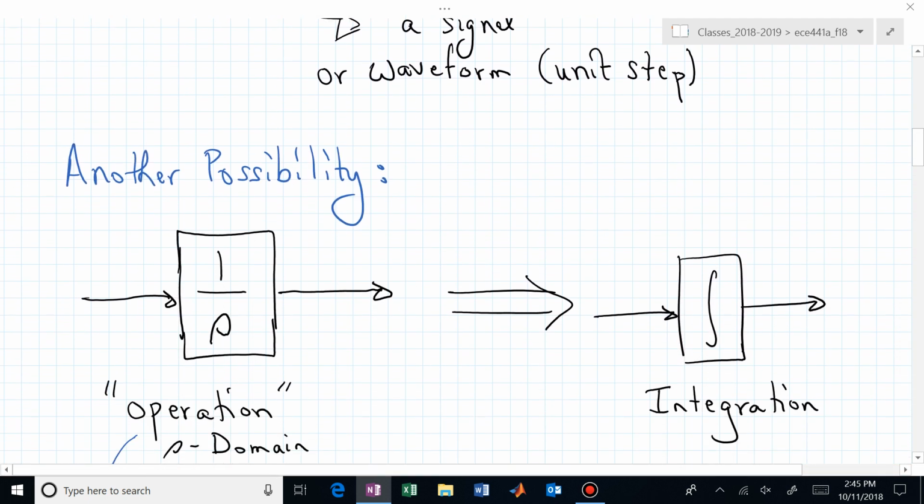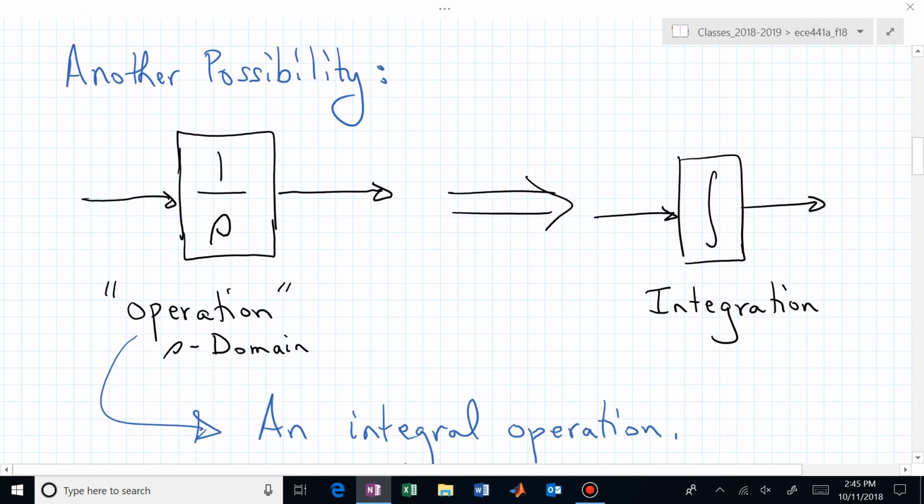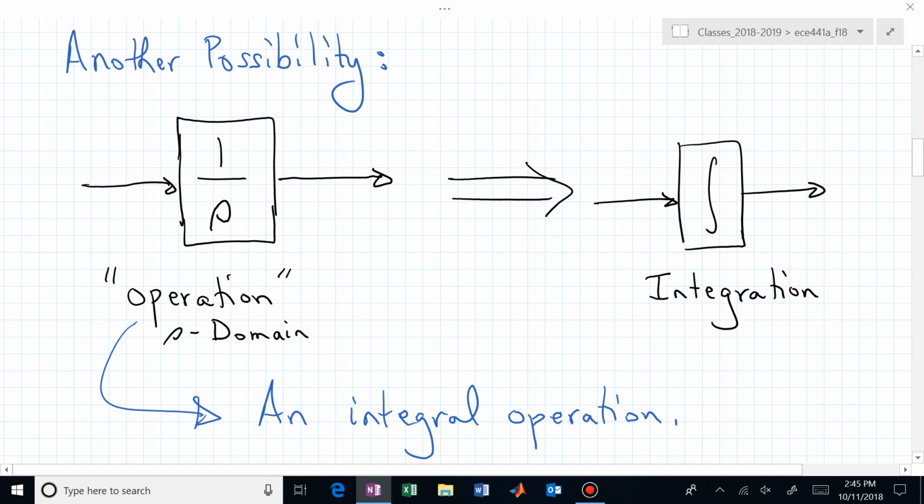Another possibility for this 1 over s expression is to view it as an operation in the s domain. And when we have an operation in the s domain, then we know, based on what we've been talking about in this class, that in the time domain that corresponds to an integration operation.